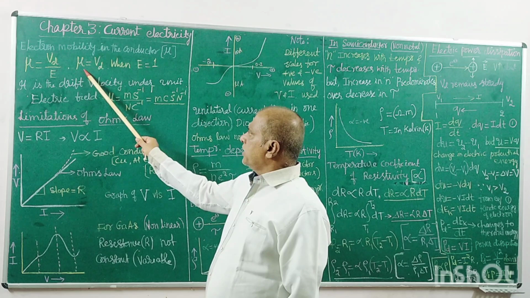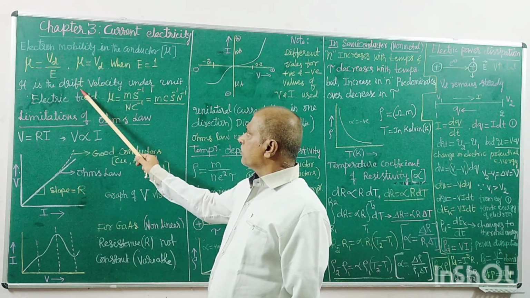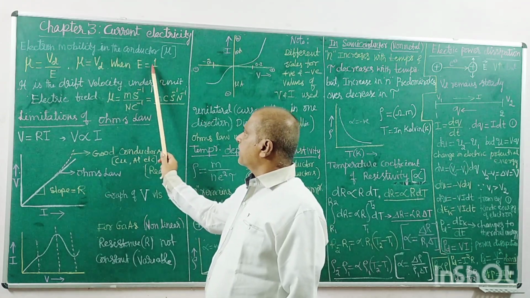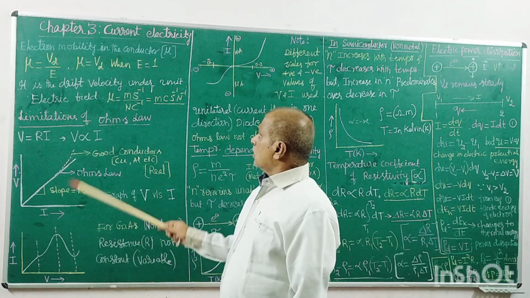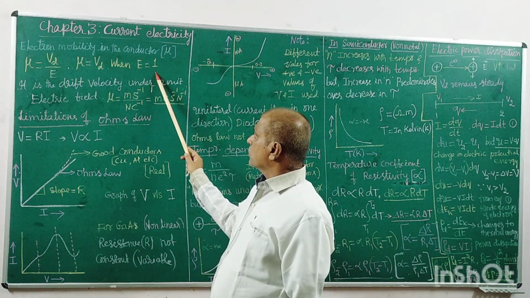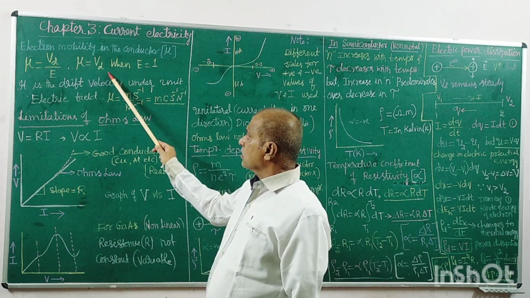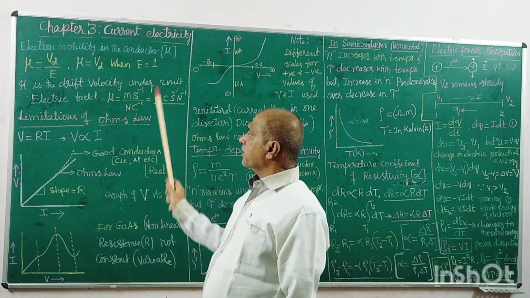Electron mobility is drift velocity under unit electric field. Under the electric field of unit value, whatever the drift velocity of the electron is, that is the electron mobility in the conductor.